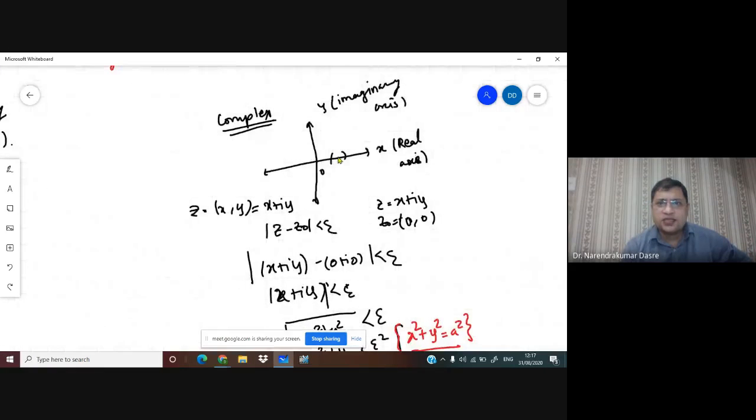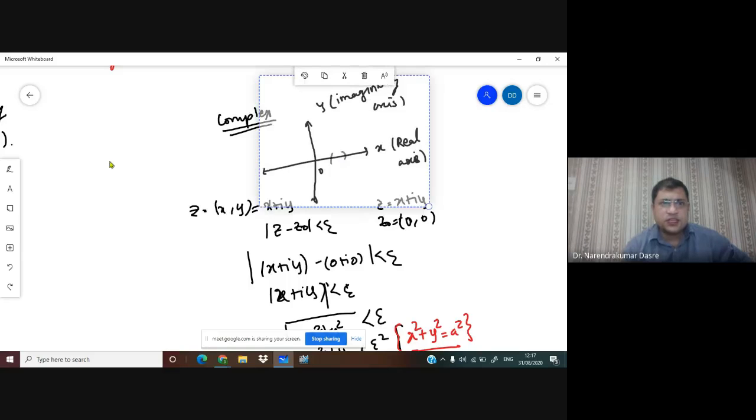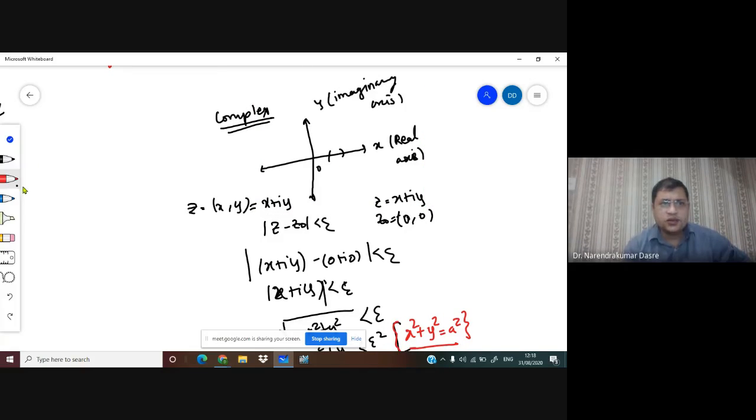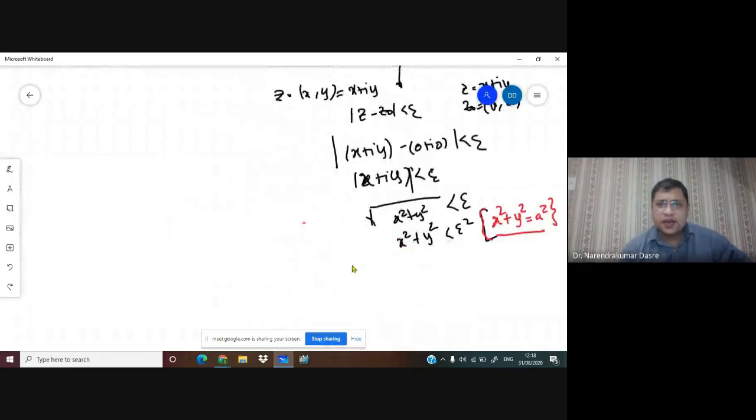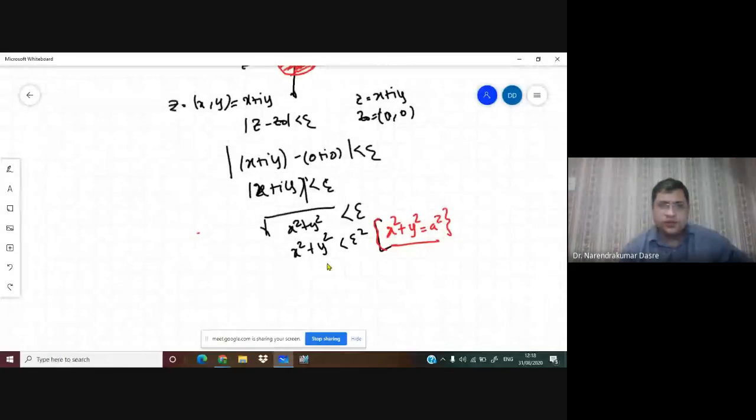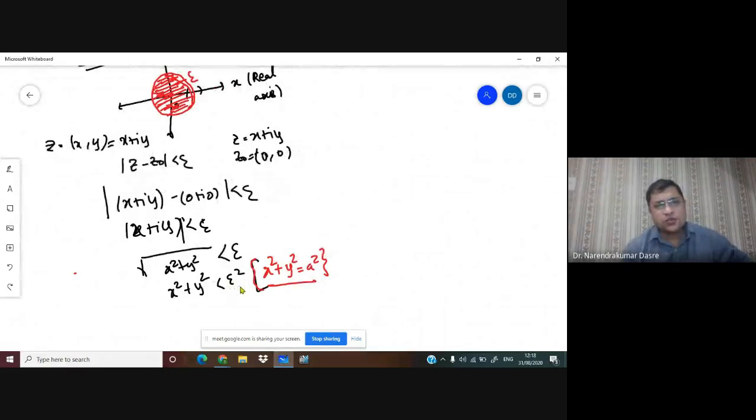Now draw a circle here. Suppose I have this point. The origin I have considered to be z0, and this is going to be epsilon. What I have to do is consider the area inside this circle, because we have x square plus y square less than epsilon square, and that's why you will get the area inside the circle.